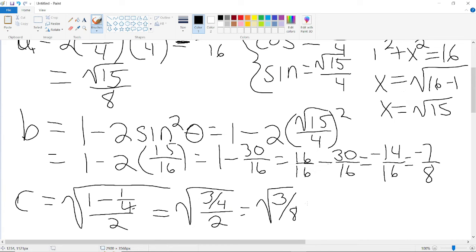They multiplied, let's see if this works, times square root of 8 over square root of 8 equals square root of 24, because 3 times 8 is 24, divided by 8. And 24 is 4 times 6.